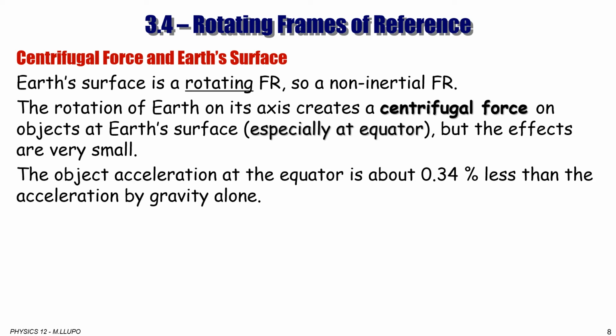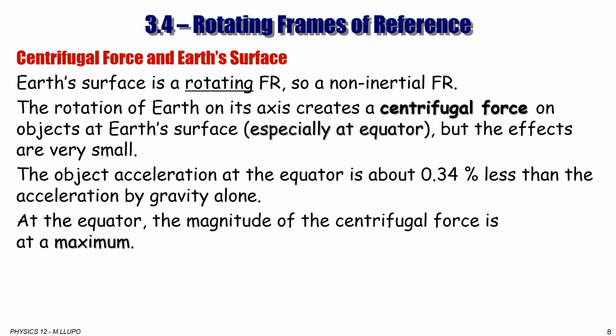But you can calculate it, and we're going to do that calculation later on. The object's acceleration at the equator is about 0.34% less than acceleration by gravity alone. So not only are you going to feel lighter because the surface of the Earth at the equator is far from the center of the Earth, as we talked about before, but even if you are there, you're going to feel lighter because of the tendency to spin you away, to push you away from that rotating frame of reference.